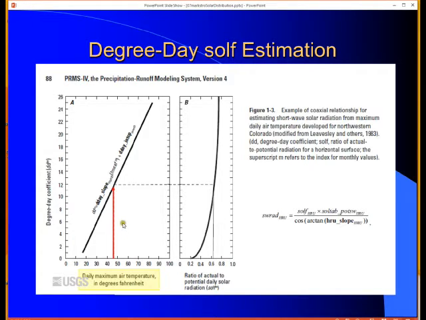You come up and you see these two parameters, D-day slope and D-day intercept. They define this line, so where that temperature intersects the line, you come across to this curve over here on the right-hand part of the graph, and then you intersect that, and then you come down.